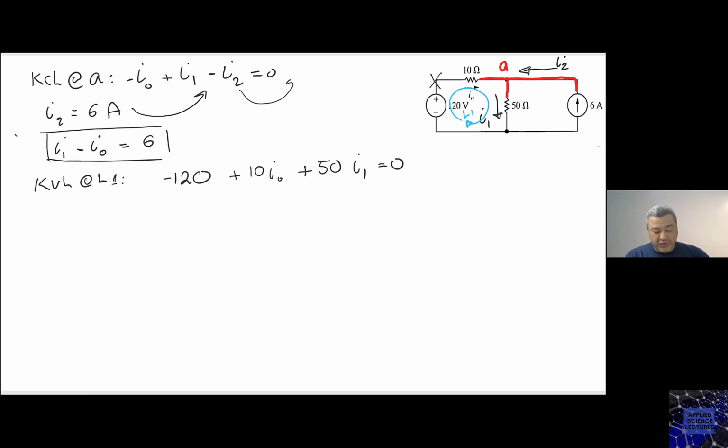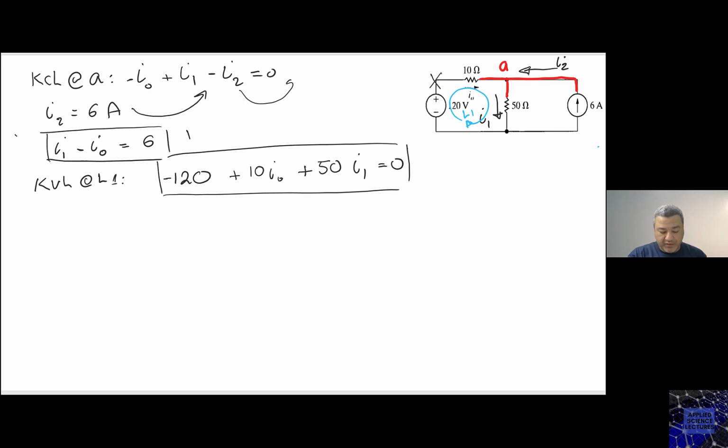So I have now two equations, two unknowns. Problem is solved. The number of equations should equal the number of unknowns in order to solve my problem.